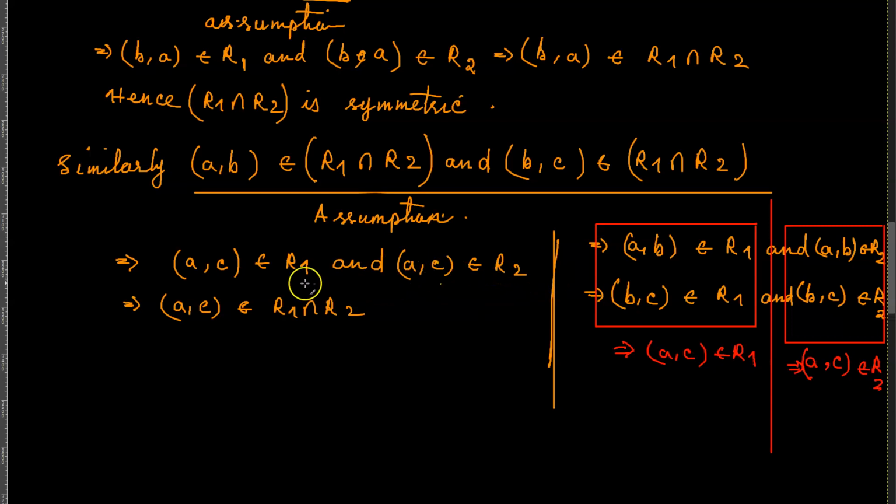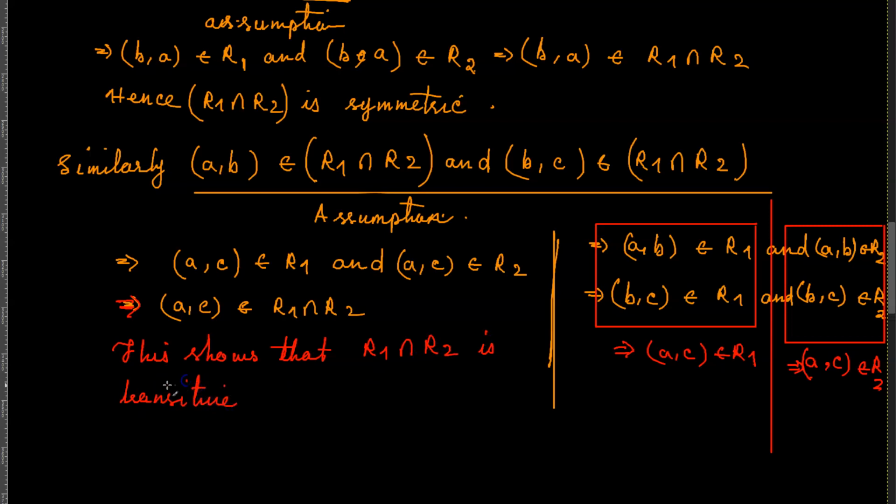And that simply implies that (A, C) belongs to the intersection of R1 and R2, and this shows that R1 intersection R2 is transitive. Right?